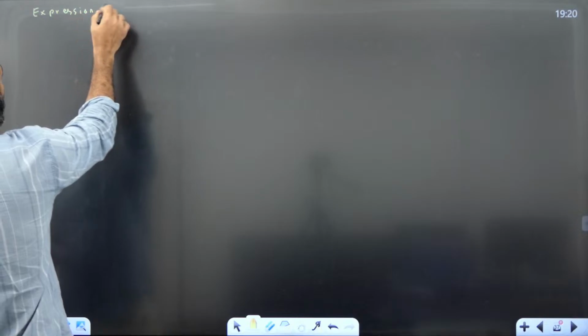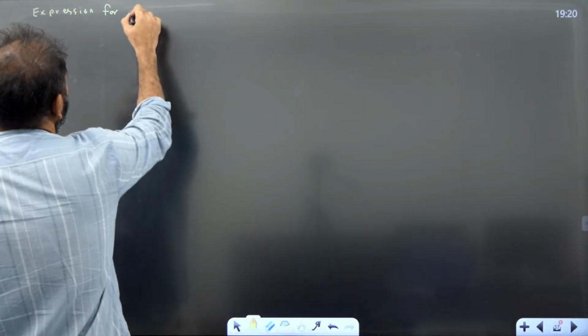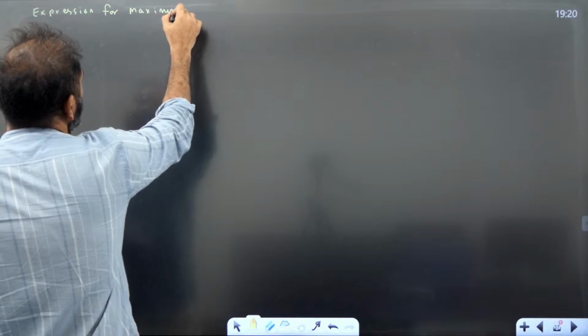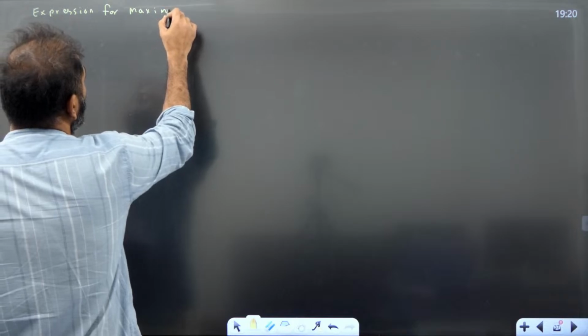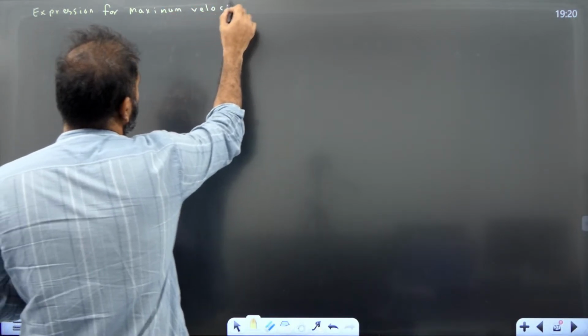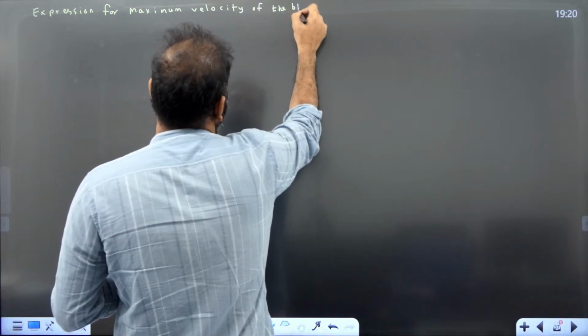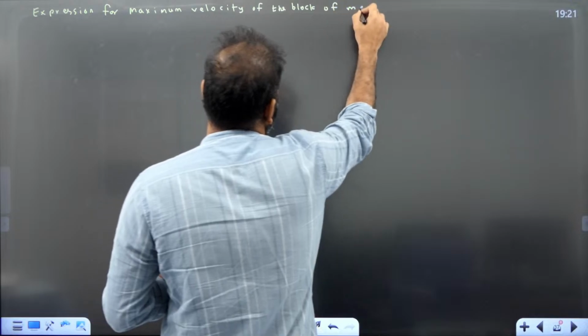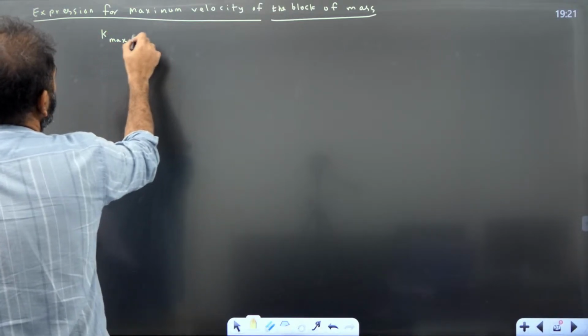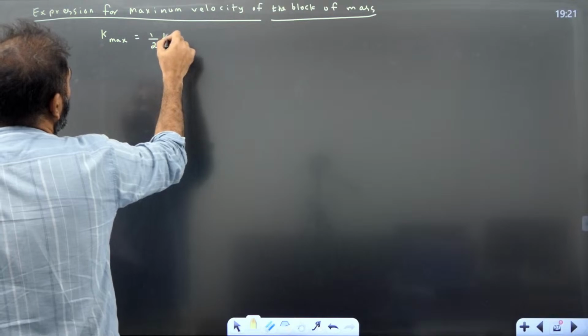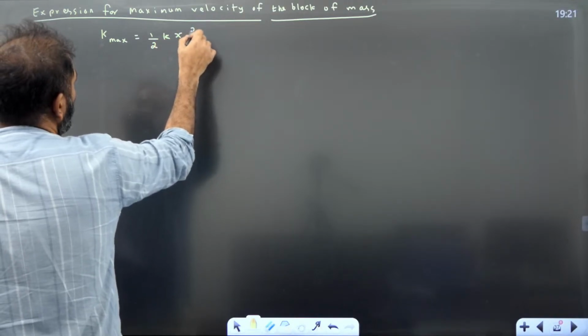Expression for maximum velocity of the block of mass. K max, maximum kinetic energy, is equal to what? Half K x suffix m square.